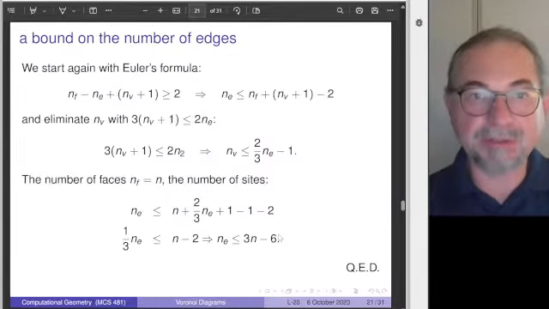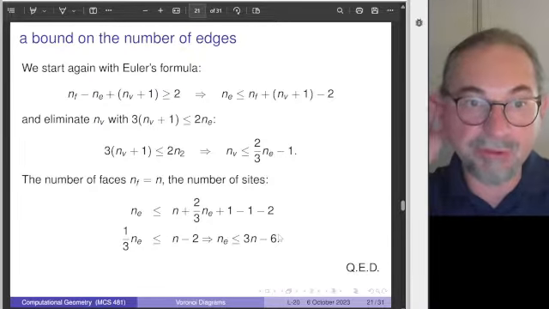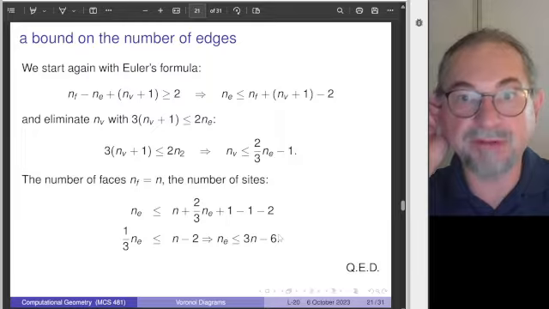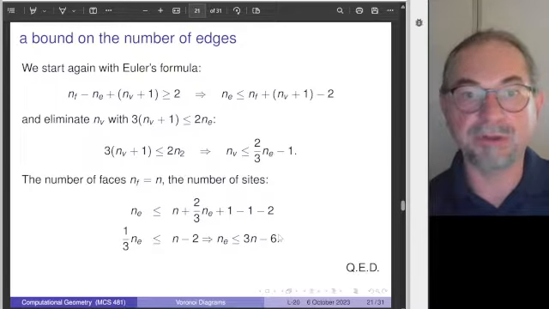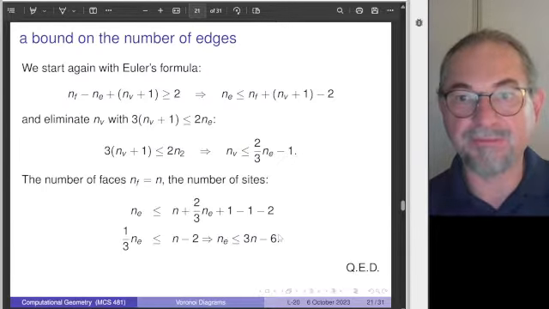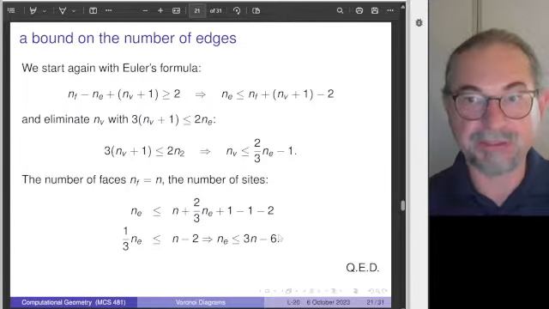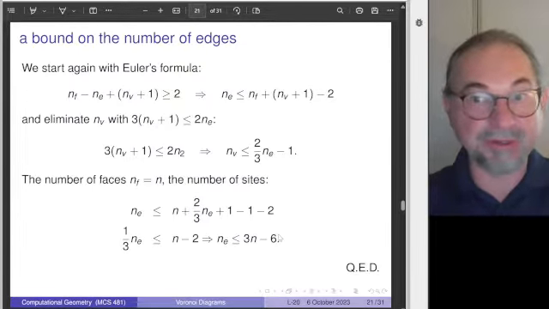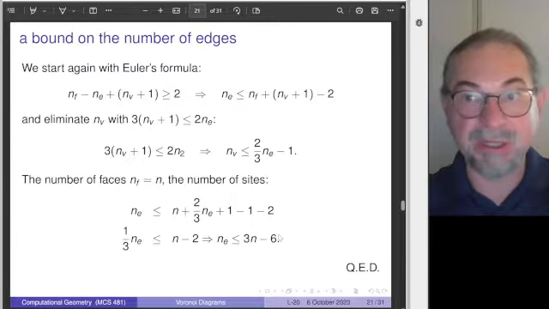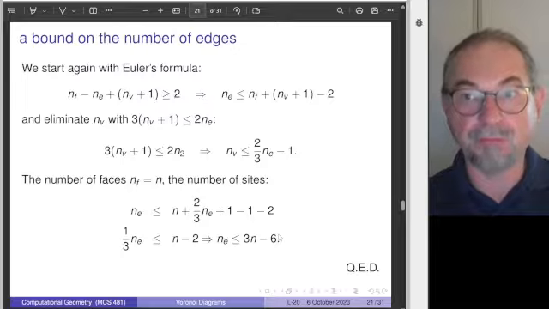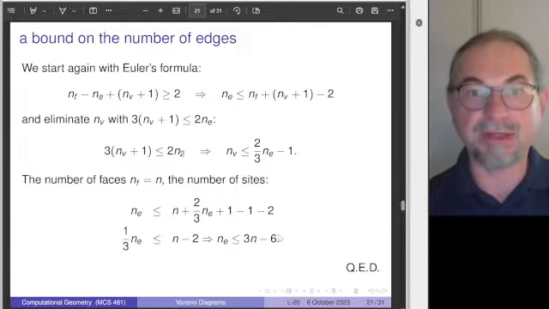Now the second part comes, again with Euler's formula, and now we are trying to find a bound for the number of edges. So we look at the same inequality again. Every edge has every vertex. A vertex, again, you can think of it as an equality if everything is in general position, if there are not more than 3 edges coming into a vertex.